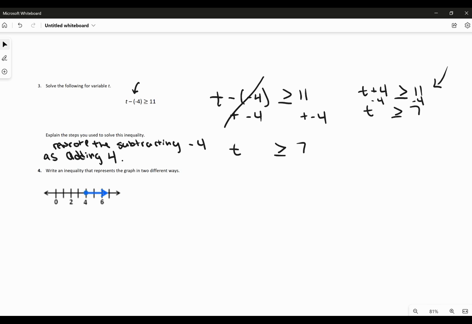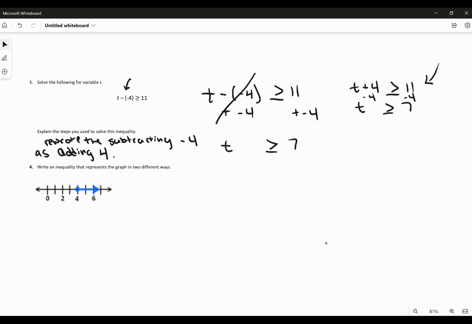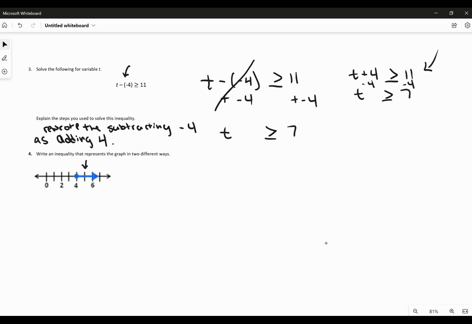Write an inequality that represents the graph in two different ways. Okay, so what do I want to call this line? Let's call it W. I think W is a good letter. So W, what is W? W looks like it's everything that's more than 4. So W is greater than 4.